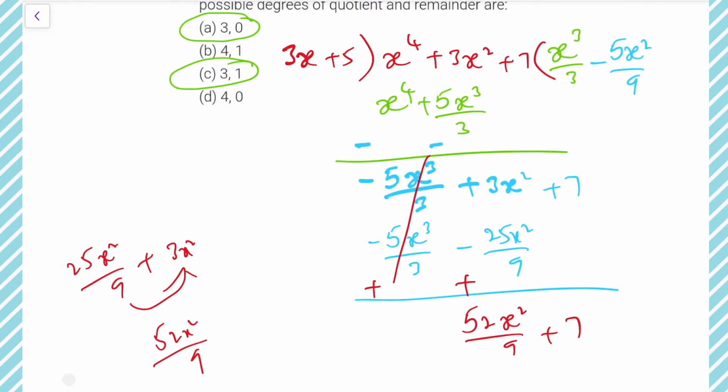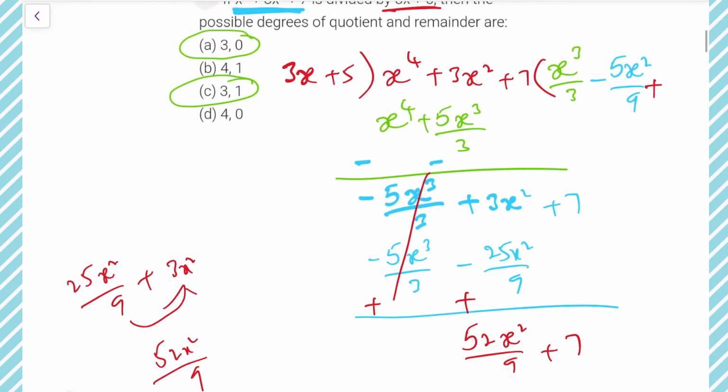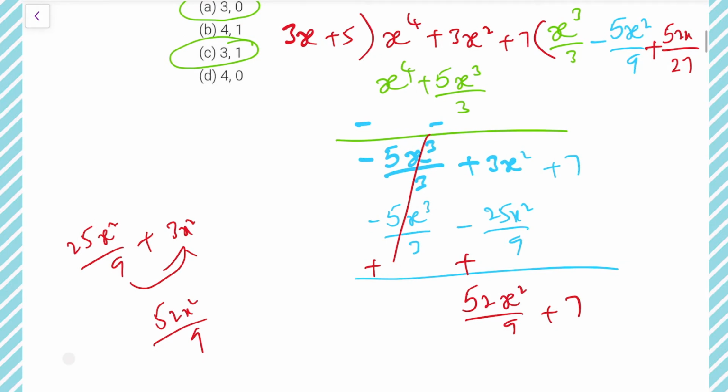So 3x should be multiplied with 52x divided by 27. 3 1s are 3, 9s are, yes, correct. So 52x by 27, then it will become 52x square divided by 9.